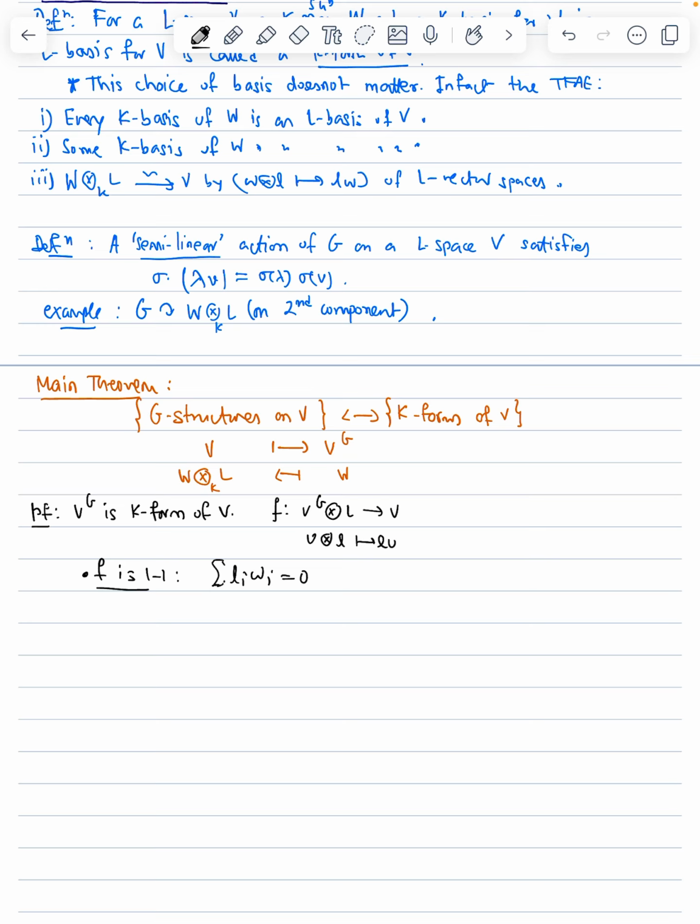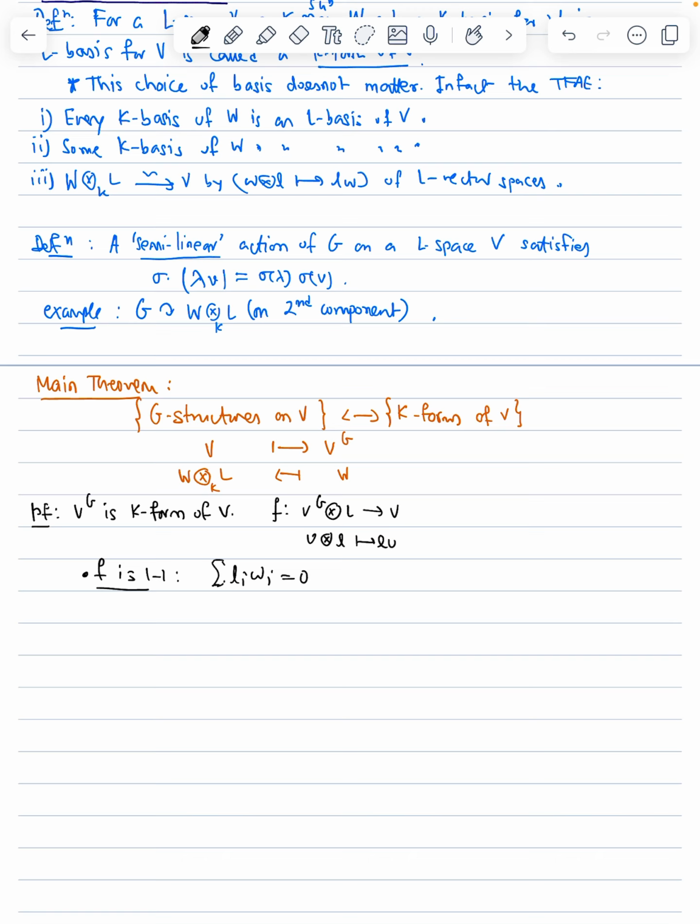So you can also assume that these w_i's are already K-linearly independent, because otherwise, if they're dependent, you can write one of the w_i as some combination of the others and remove it. And then you can also assume that this sum is of minimal length.